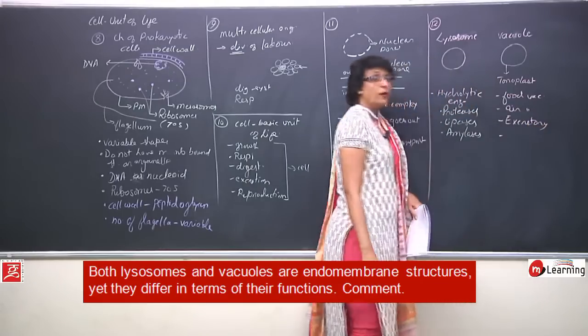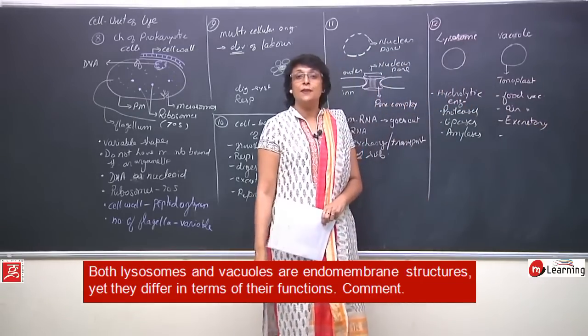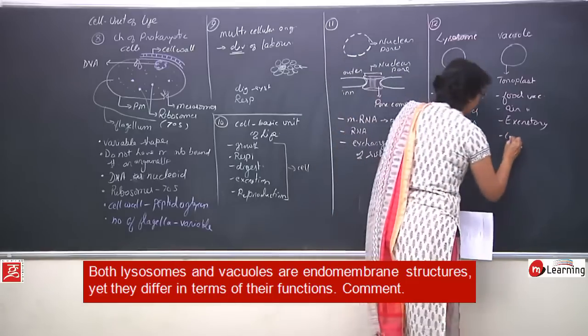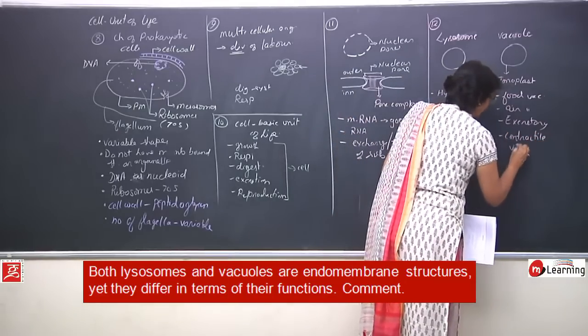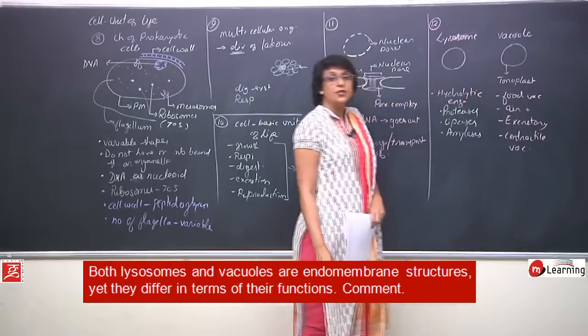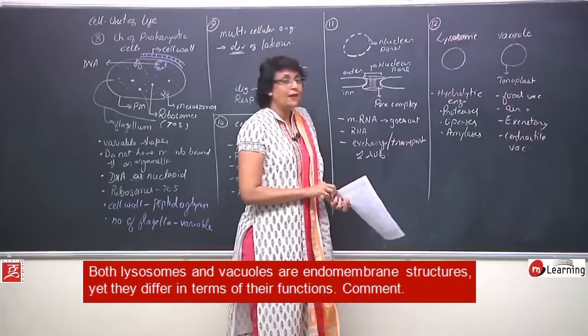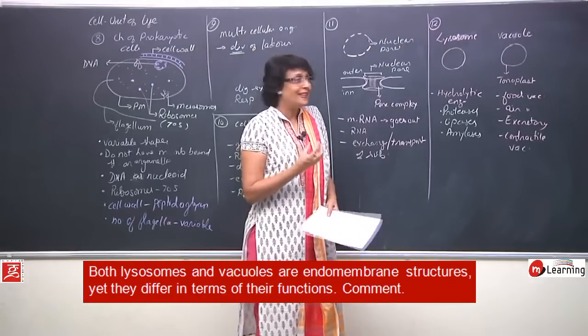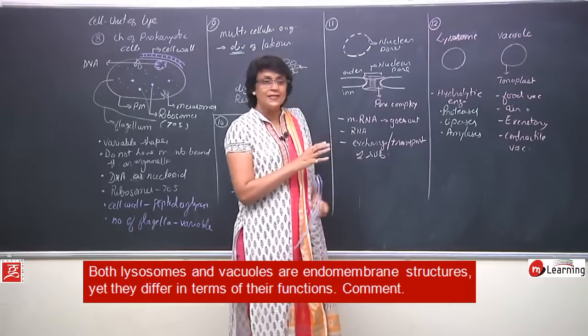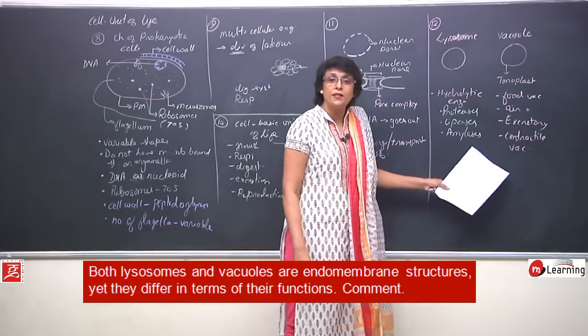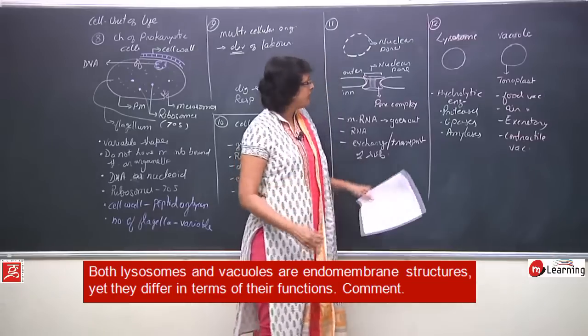And it could be contractile vacuoles, which help in osmoregulation. So basically their functions are different, though both have a simple membrane and they are pinched off from Golgi body. So structurally they are same, but functionally they are different because they contain different things inside.